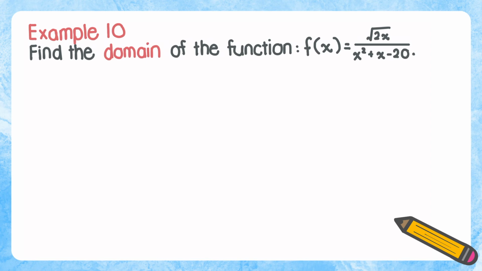We have our denominator, x squared plus x minus 20, and then our radicand is 2x. So let's focus on the denominator first. x squared plus x minus 20 cannot equal 0.